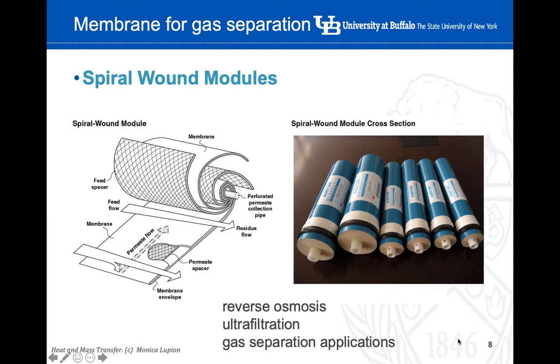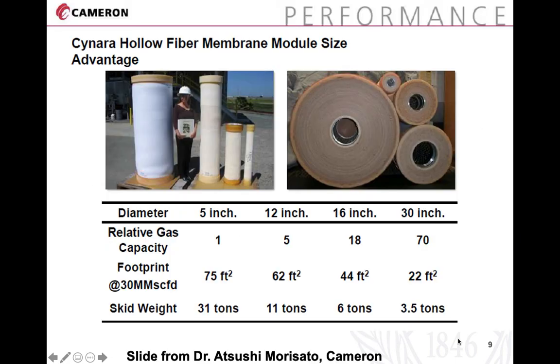So at the end, what we see is that the permeate stream gets out just in the center of the cylinder, while the substance that has not been filtered by the membrane just goes out. So again, it's a way of separating, and as you can see, it's a very compact, a very elegant way to use this membrane technology.